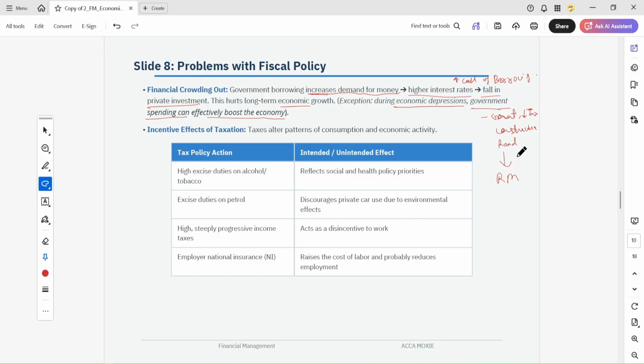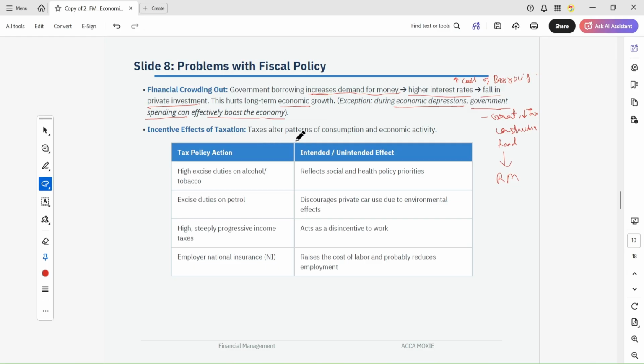When you buy the raw material, this will be income for the raw material vendors, and this income will definitely increase the economic growth.